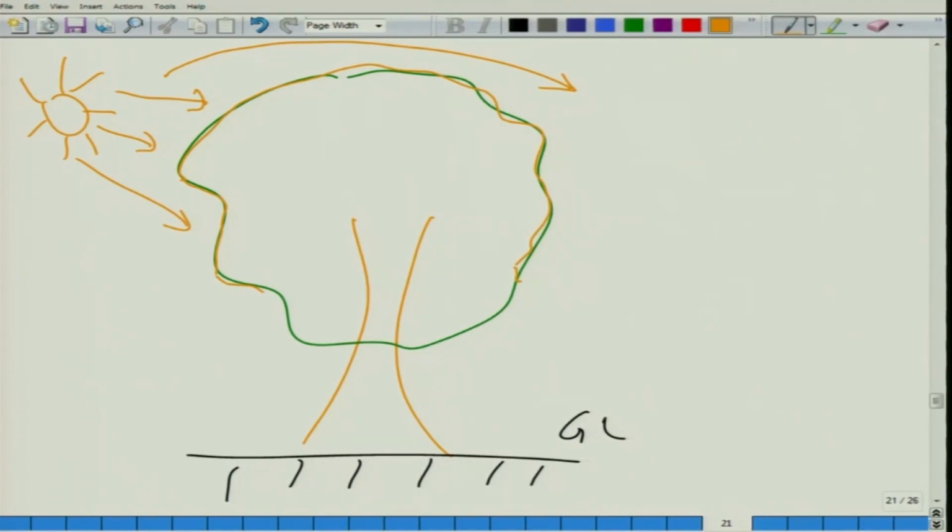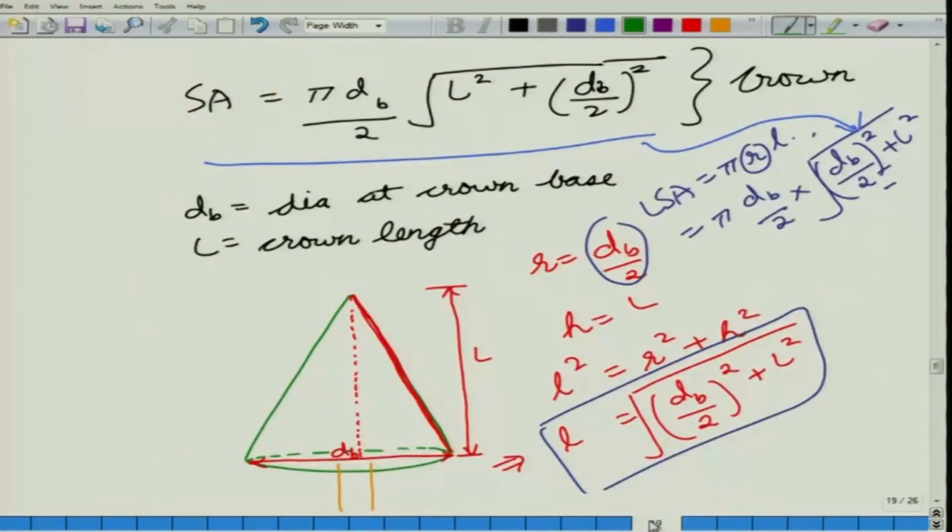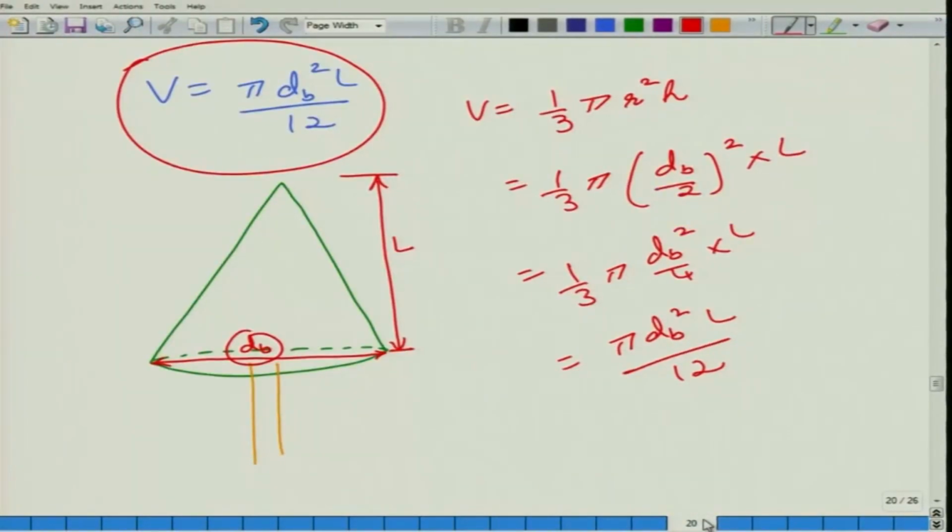When we talk about the surface of this cone, we are considering the lateral surfaces. The lateral surfaces will be an indication of the amount of sunlight your plant is getting, which will be an indication of the amount of photosynthesis that it is doing.